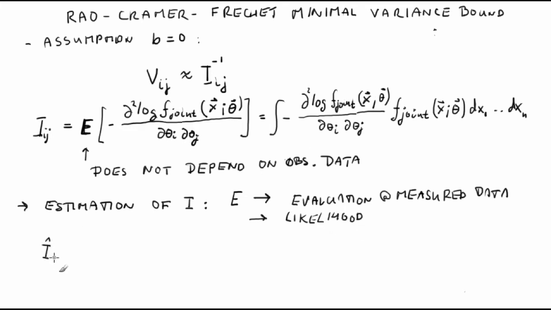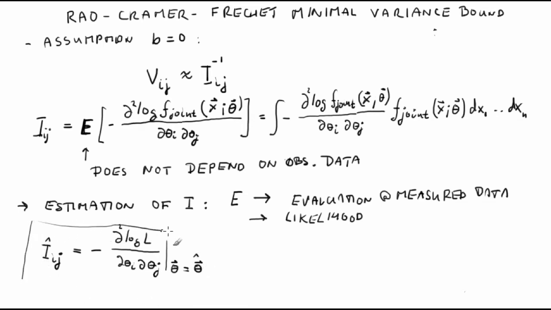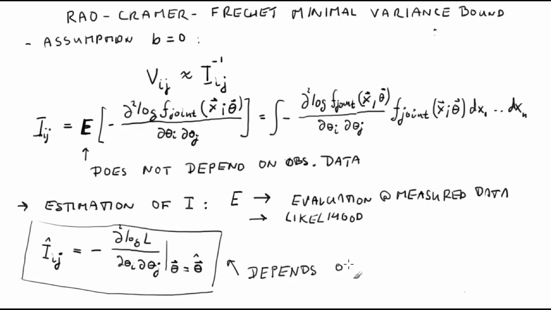I hat sub ij equals minus second derivative of log L by d theta i d theta j evaluated at theta vector equal to theta vector hat. Note that we use the likelihood function here. The likelihood has the measured dataset encoded, and therefore this estimator of the Fisher information matrix depends on the observed data.